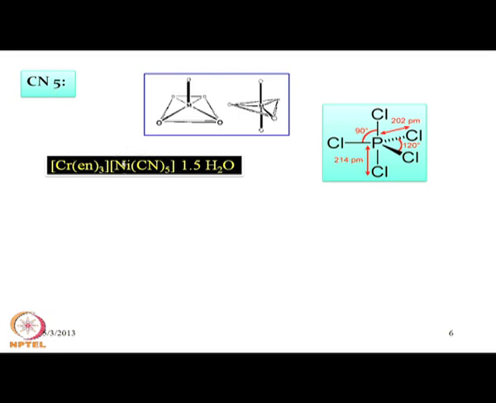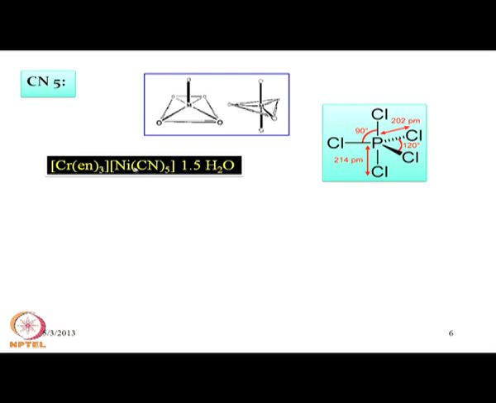But what about the anionic part? The anionic part is a different one, which is the Ni(CN)5 species. So, Ni is bipositive, with a charge of 2 plus, and cyanide is balancing with 5 charges, which gives an overall charge on the anionic part of 3 minus. So, in this compound chromium should definitely be in the trivalent state.